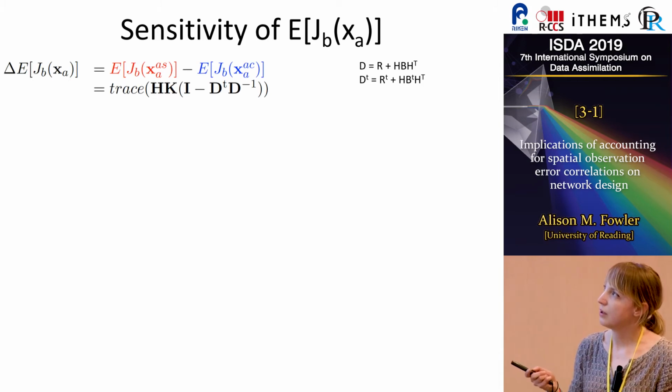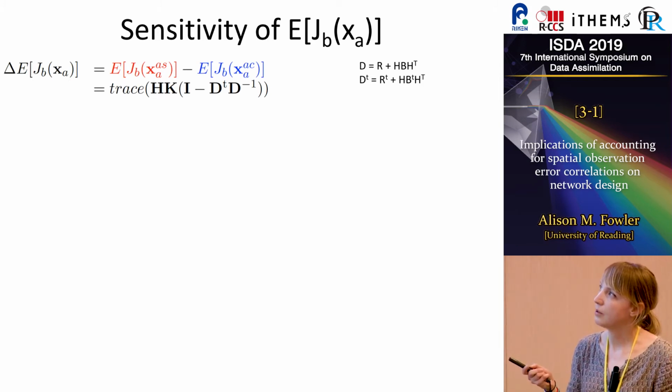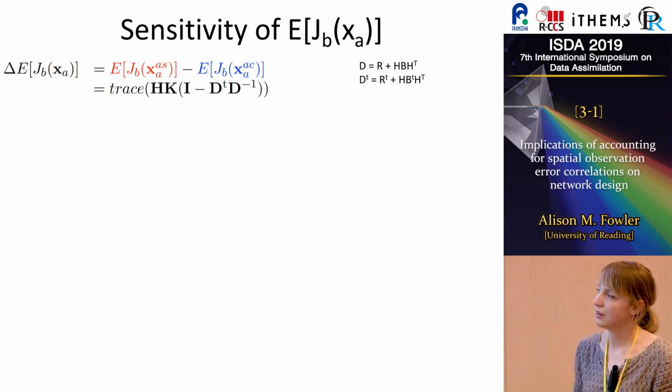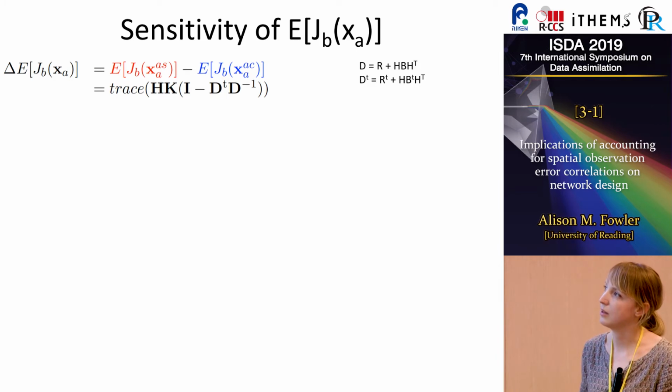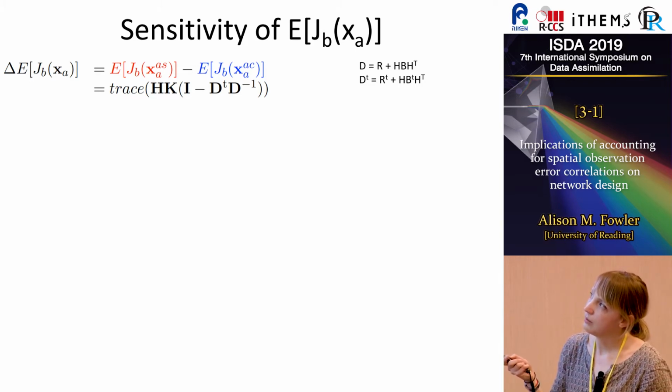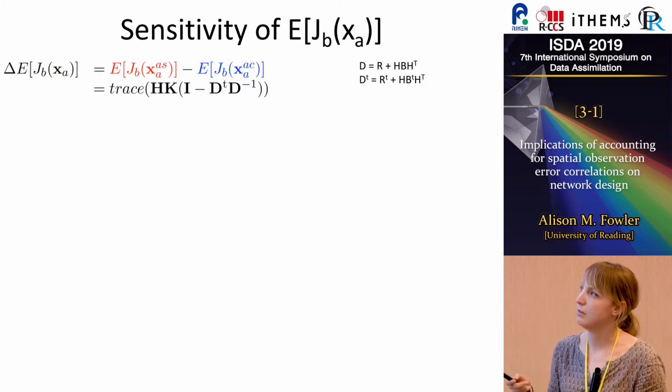So the first metric, which was the degrees of freedom for signal, in the optimal case is equal to this term, the expectation of the background part of the cost function evaluated with the analysis, or the scaled analysis increments. And we can look at this term as the difference between the value that we'd get given all our assumptions were correct in the simulation, and the actual value we'd get given that we've got this discrepancy in our R matrix.